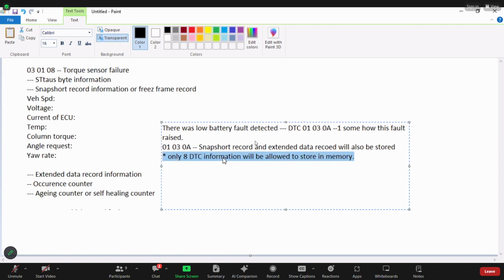We have 30, 40 DTCs, but at a time only 8 DTC information is allowed to be stored in the memory. If more than 8 DTCs are triggered, then a low priority DTC will be erased from the memory and that DTC information will be stored. Maximum only 8 DTC information can be stored in the memory, in passenger vehicles, in cars.